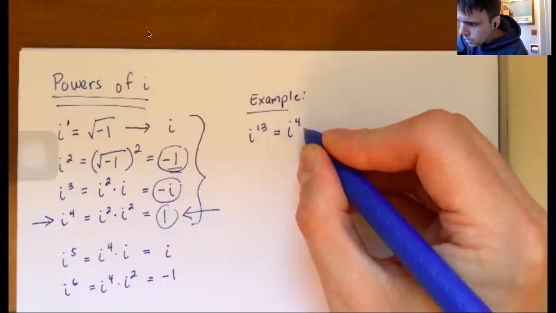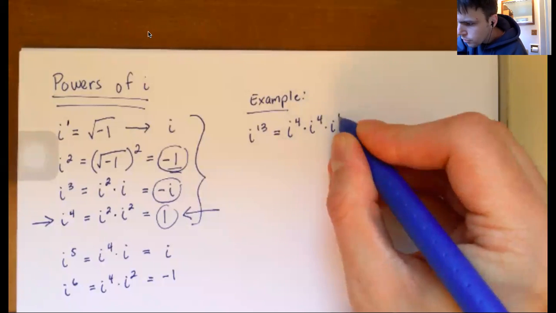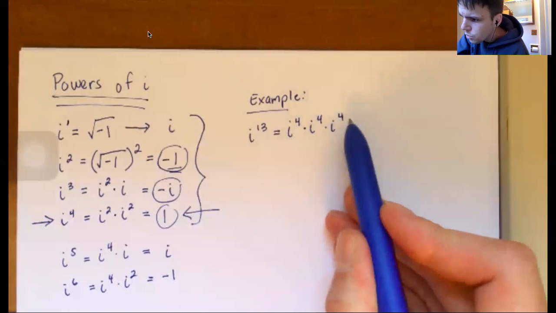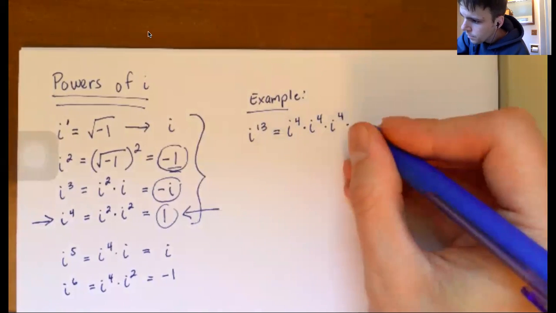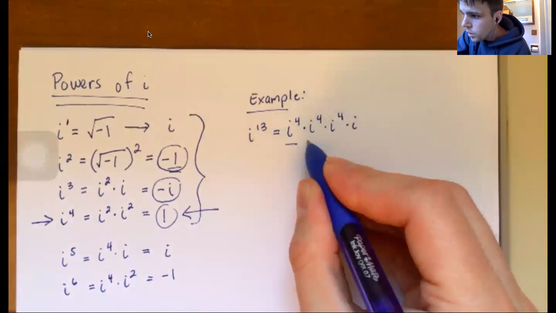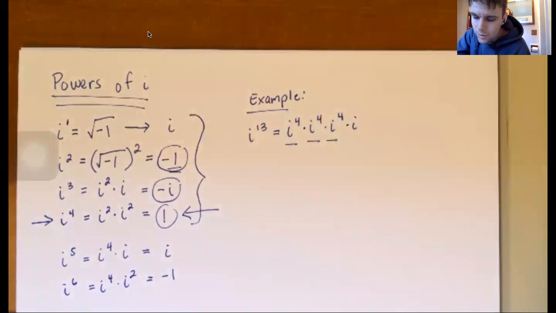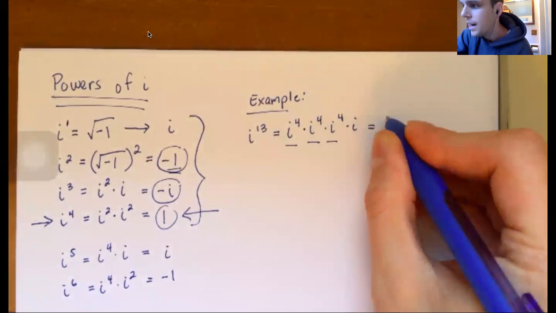So i to the fourth times i to the fourth times i to the fourth. That is 4, 8, 12. That's 12 i's. Close. We need one more. So this here is going to be 1 times 1 times 1, which is 1, doesn't do anything, times i. So i to the 13th is just equal to i.